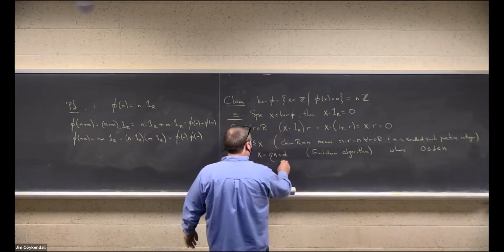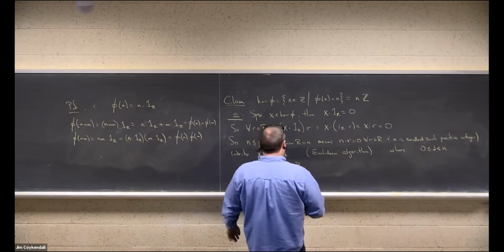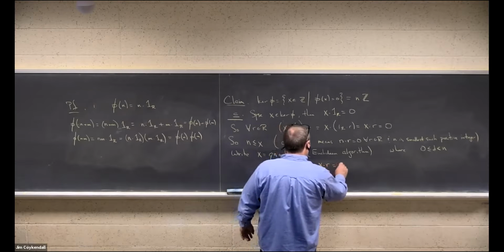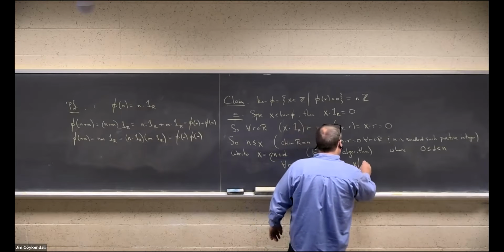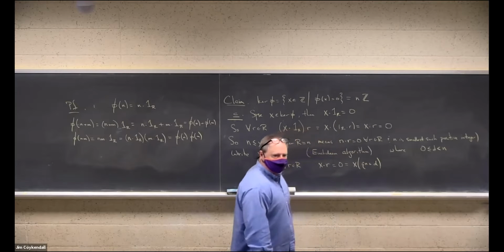Notice that for all r in R, x times r is 0, but that's x equals qn plus d, right?